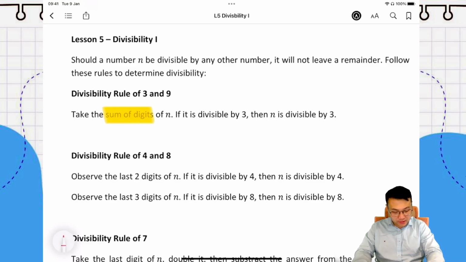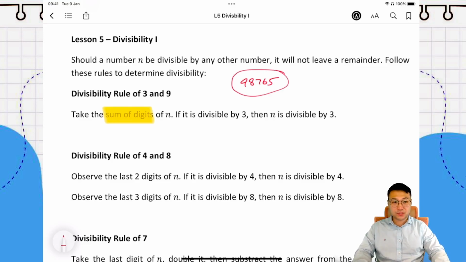Why don't we do a very quick experiment? Everyone, can you tell me whether this number is divisible by 3? Yes or no? Just type in the chat, yes or no? Very good.